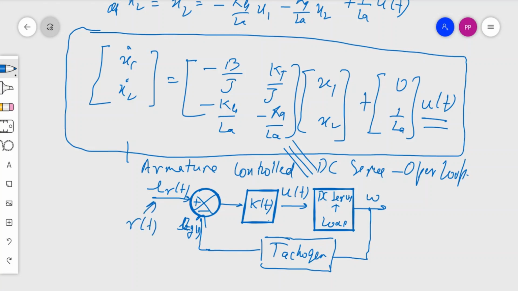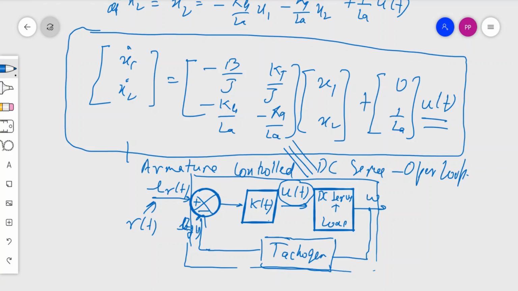So you see, this is the reference input R. Once we design the complete closed loop system, there will not be any visibility for u(t). So u(t) is visible only when we are treating the DC servo in the open loop. You have to be careful about this. Most of the time, because of the notations in the books, we get confused.